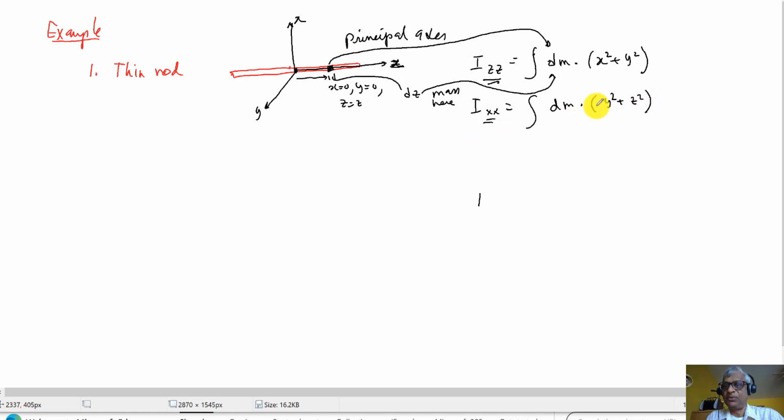I need to do this integral, and Iyy will just be the integral of dm times x squared plus z squared.